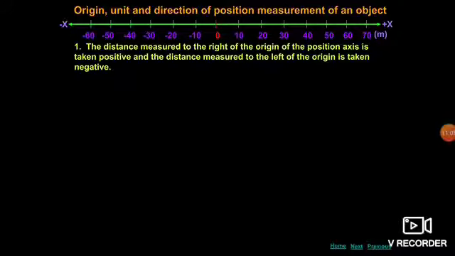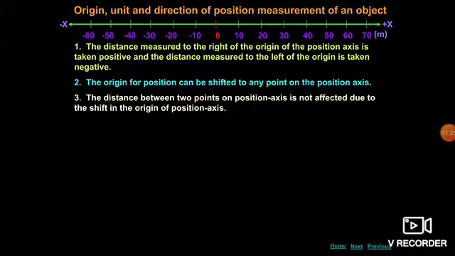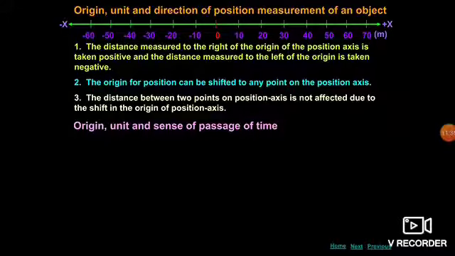The distance measured to the right of the origin of the position axis is taken positive and the distance measured to the left of the origin is taken negative. The origin for position can be shifted to any point of the position axis. The distance between two points on the position axis is not affected by the shift in the origin of the position axis. Origin, unit and sense of passage of time.